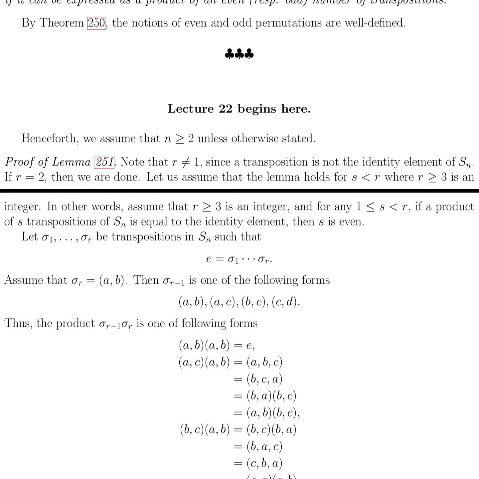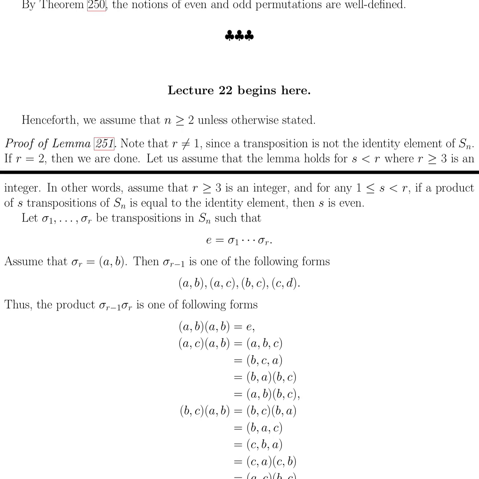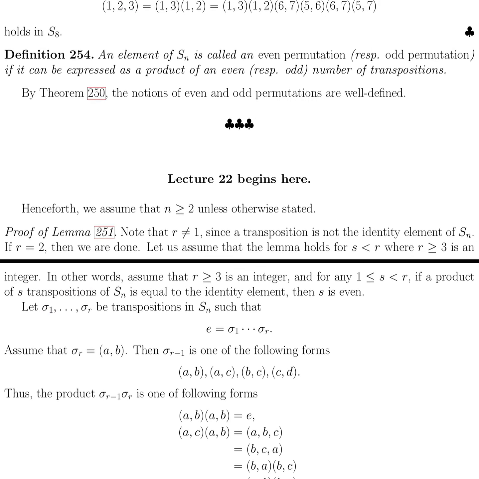The proof is interesting. It relies on some sort of induction. First of all, note that R cannot be 1. Let me write it down here for easy reference. You have expressed the identity as a product of R transpositions sigma 1, sigma 2, up to sigma R. Here R cannot be 1, otherwise the identity element would be a transposition, so the identity element would be equal to a non-identity element.